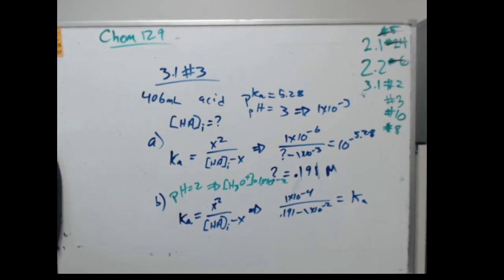I'm curious what the volume was, not having a full liter, like we only had 406 milliliters. Was that there to just throw you off? Not intentionally. In the past, this question had a part C that was asking about the number of moles of acid. I took out part C and I forgot to take out the volume.